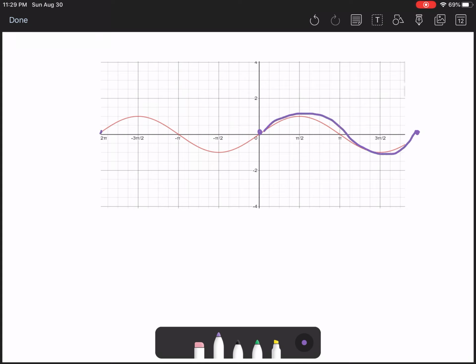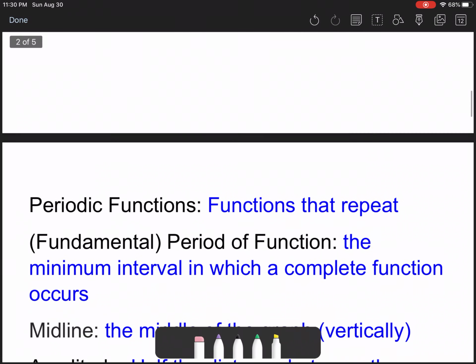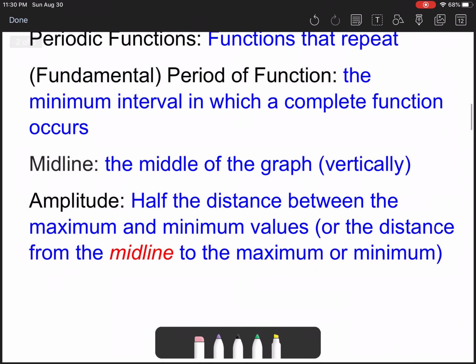Well, if I started back here at -2 pi, put this one in a different color, and I went this way to 0, well, that is also 2 pi, right? From -2 pi to 0 is 2 pi, and I see that same complete curve. That's what we call the period of the function, all right? It's the minimum interval in which we see a complete rotation, a complete function, if you will. After that, it would just repeat itself again.